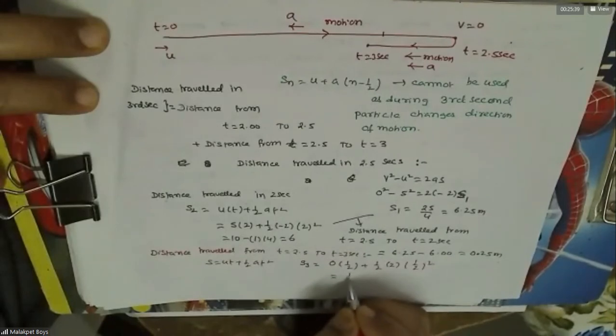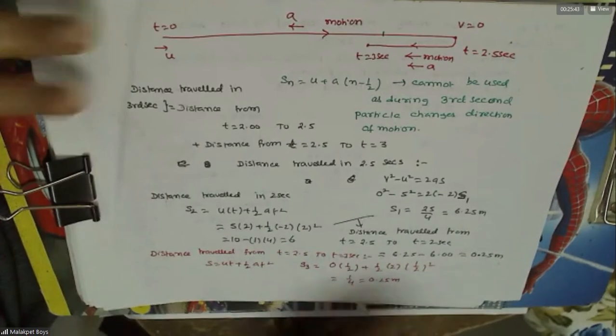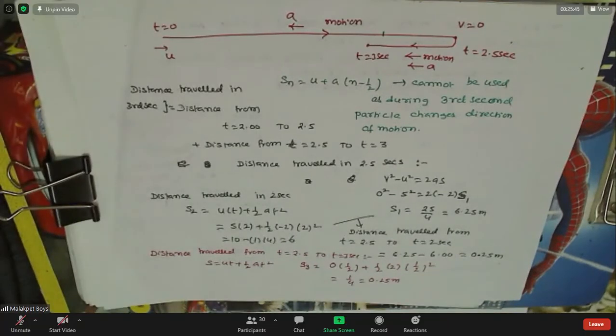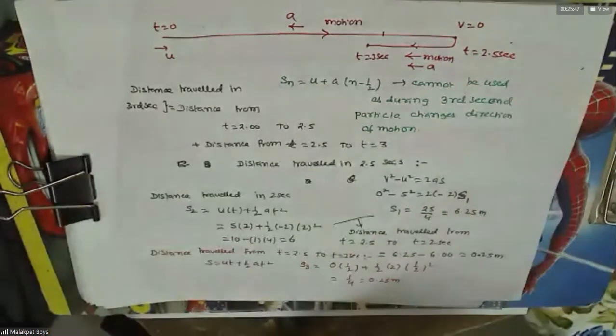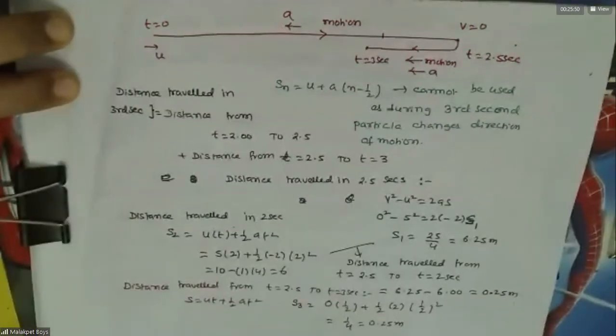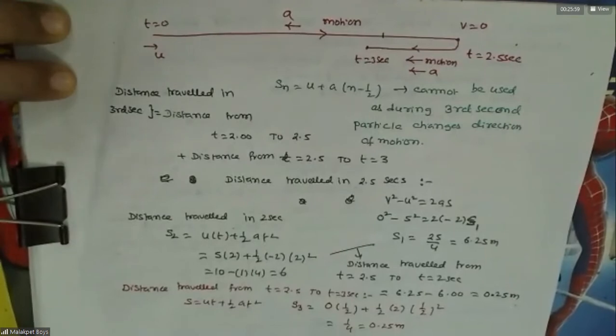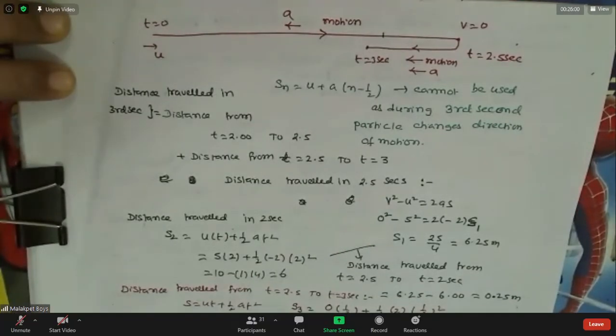So it comes to how much? 1 by 4. Understood this? Any doubt here?